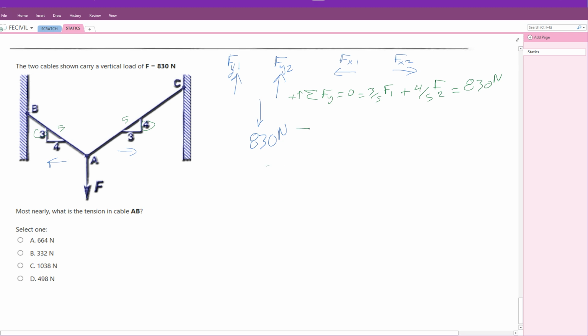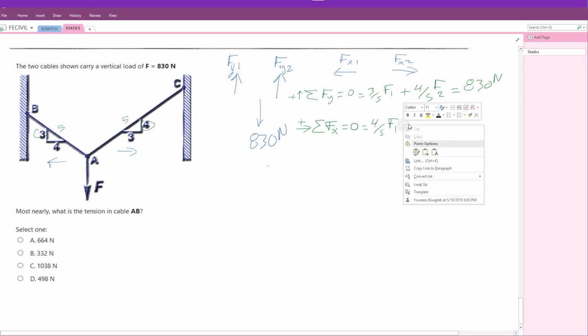Now we can sum our forces in the x direction. We use the convention that going to the right is positive. The sum of forces in x is equal to 0. So we have 4/5 F1, minus, sorry, this is actually going to be a negative number because we're talking about this F1.